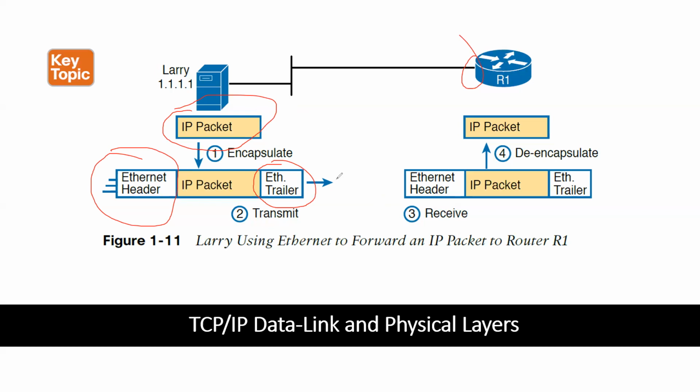In the physical layer, if we're still talking about the same infograph, the physical layer is just the cable, the media, whatever is used to transfer that frame from the source to the destination.